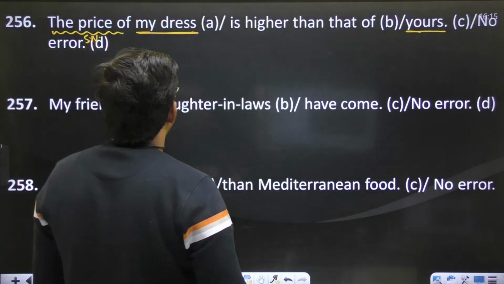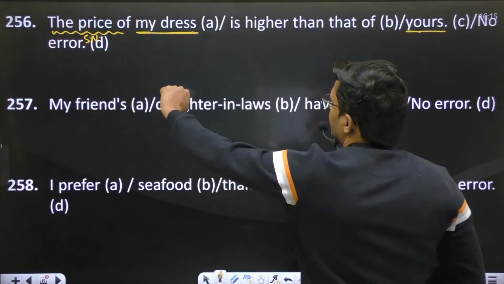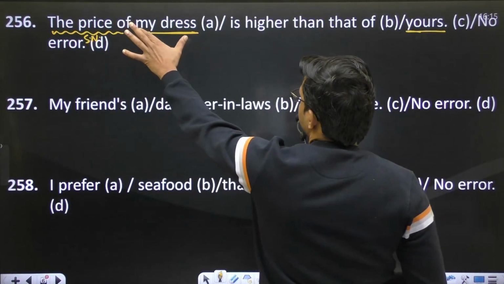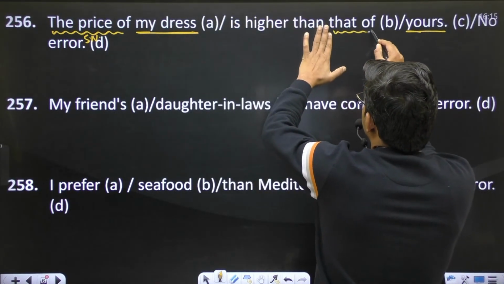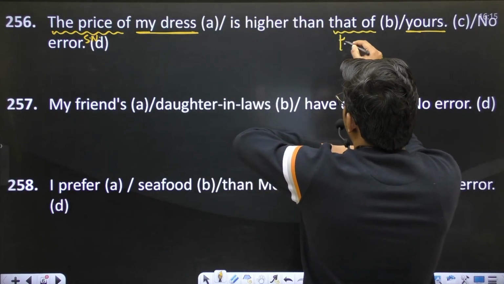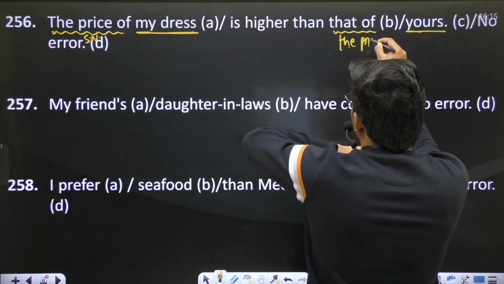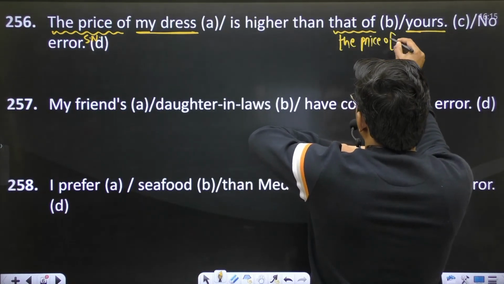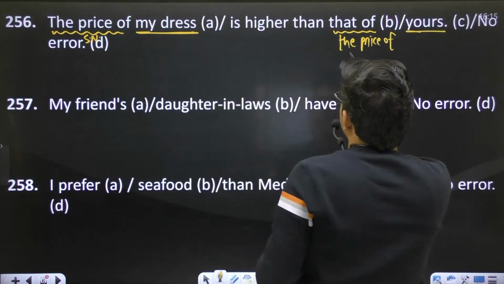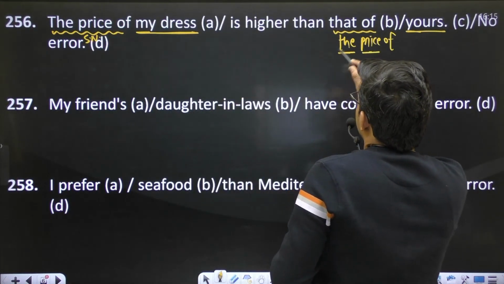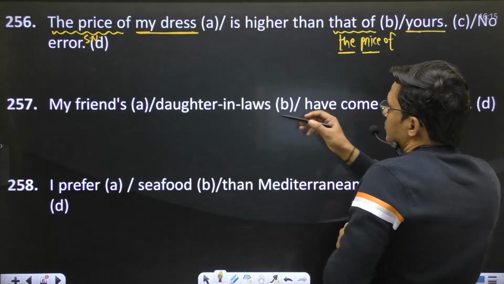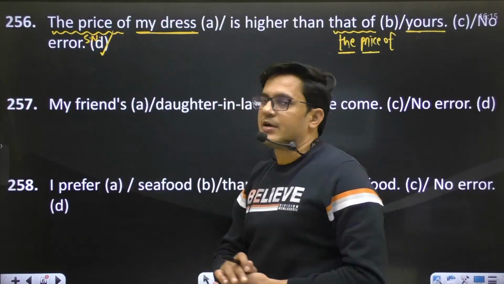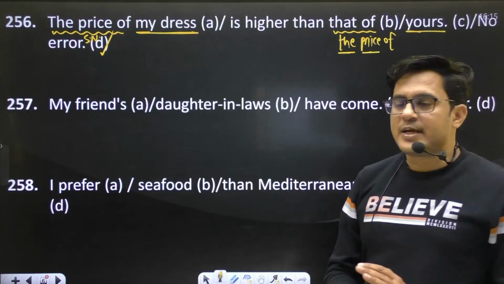Here we are talking about the price of my dress being higher than that of. This word that of represents the price of, singular. To demonstrate a singular noun, we use the demonstrative pronoun that of. That of can be yours, your dress. So it means this sentence has no error.